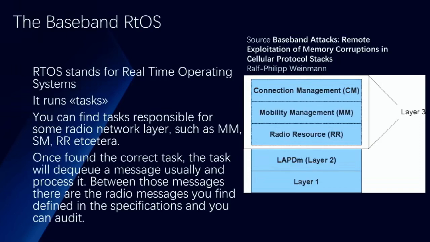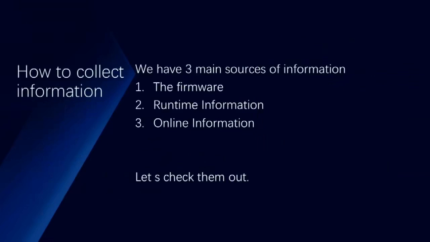Once you identify the correct task, you can check the message handler, because these tasks communicate via IPC. And once you find this message handler, you can identify the function responsible for parsing and processing radio messages, which is the one that the attacker controls. And you can start from here to audit for memory corruption bugs.